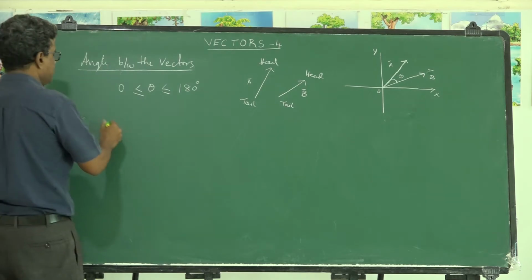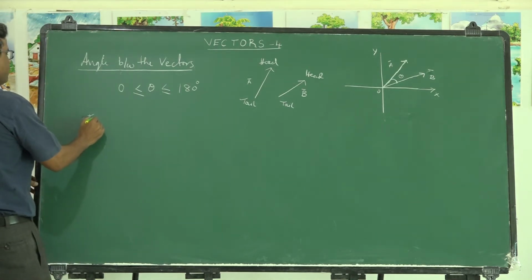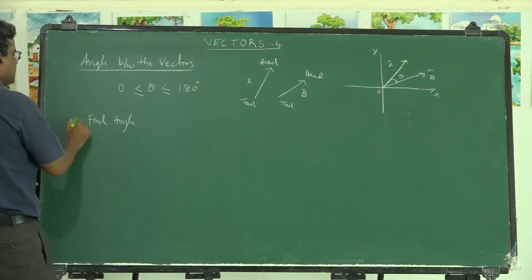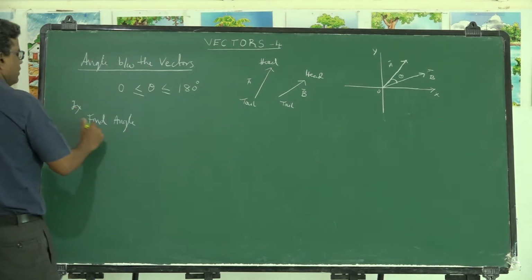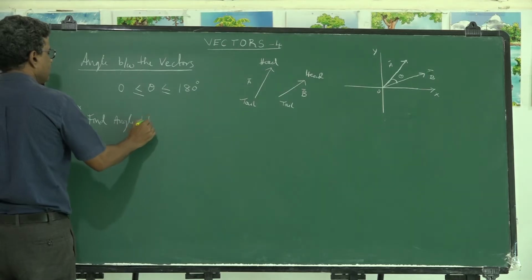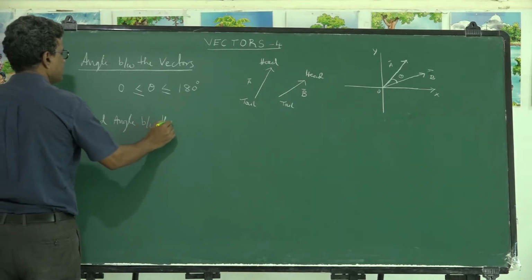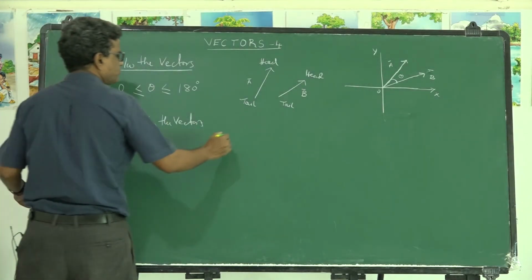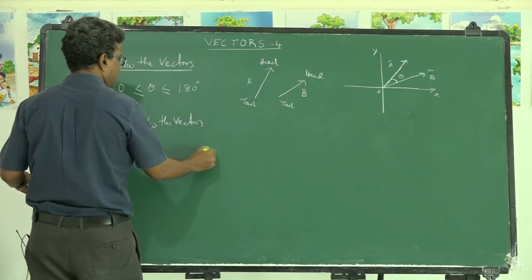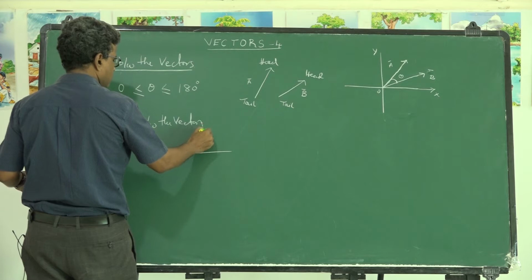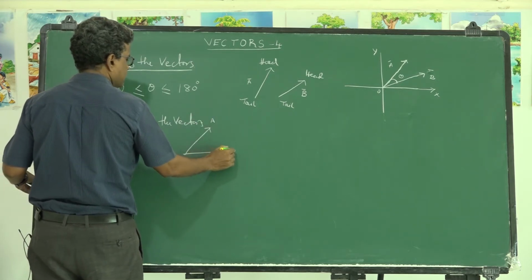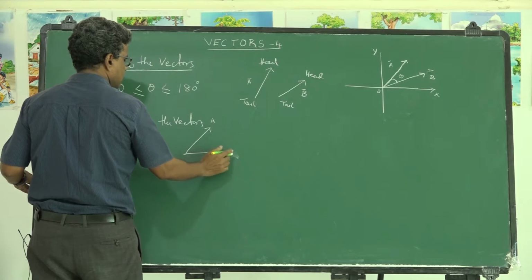Take this example. Find the angle between the vectors. First vector, let it be from the origin, A bar, which makes 45 degrees with the x axis.